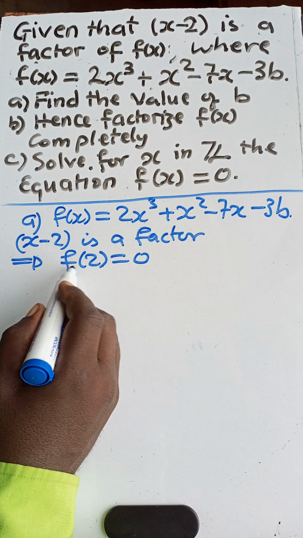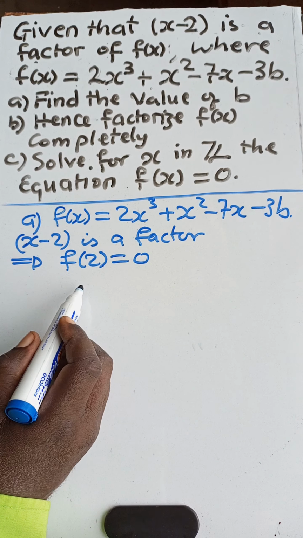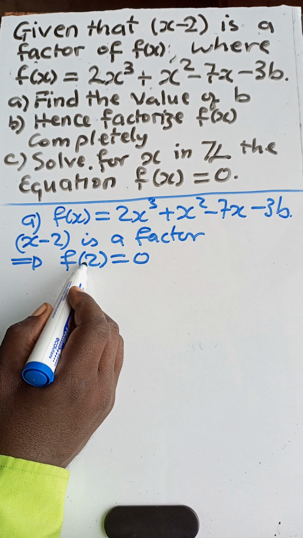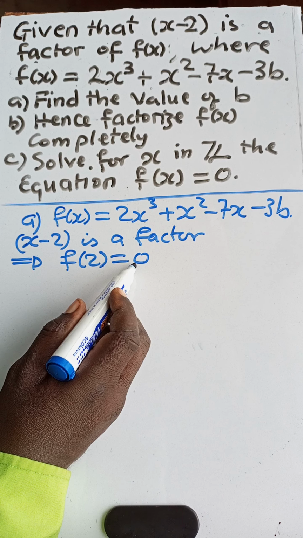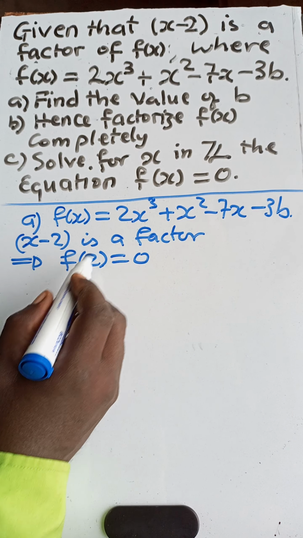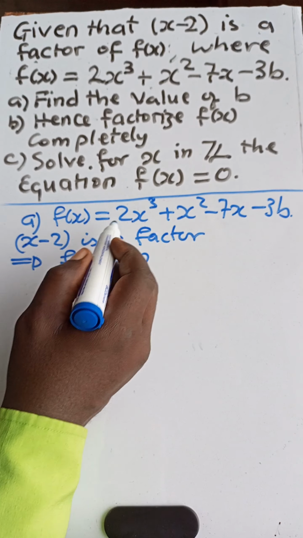So this is an equation that will enable us to get the value of the constant b. Let's work out f of 2 and then equate the result to 0, and then we will be able to solve for b. So f of 2, that means wherever I find x here, we're going to put 2.